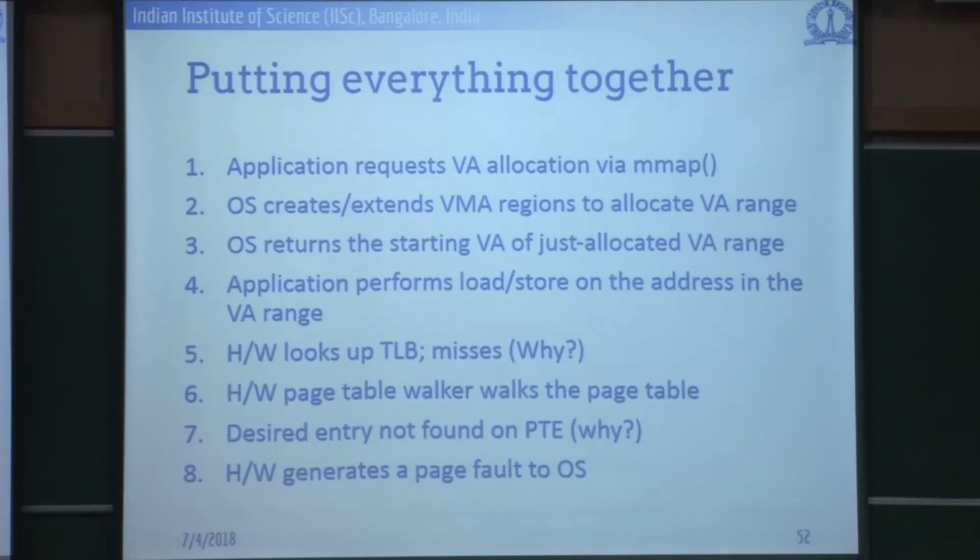And there is a load store which is happening on that virtual address for the first time. Any virtual address which is allocated, obviously there will be a use of that virtual address. Not necessarily always. In which cases are you trying to delay that page fault?